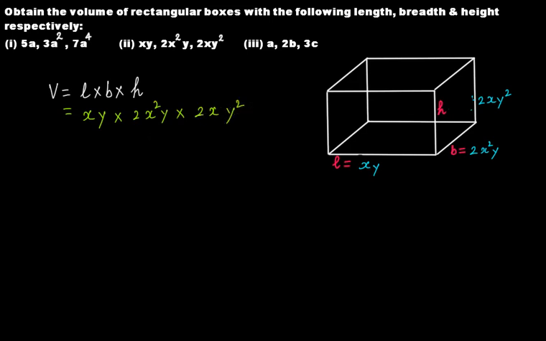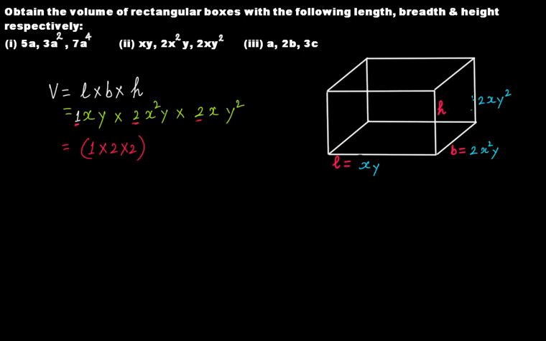Now if you look here, you have 2 here, you have 2 here, but you don't have any numerical coefficient in this case, right? Whenever there is no numerical coefficient written, always think of 1 here. So this will be 1 multiplied by 2 multiplied by 2.